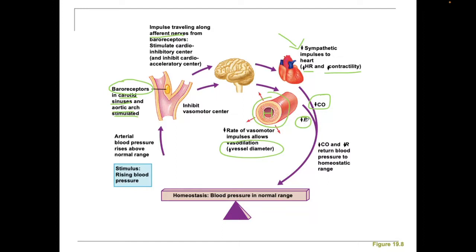Decreased, the arrow down, decreased R is decreased resistance. If the lumen is open, you have decreased resistance, and if it shortens and constricts, you're going to get increased resistance. So with decreased cardiac output and decreased resistance, you're going to get homeostasis to blood pressure.